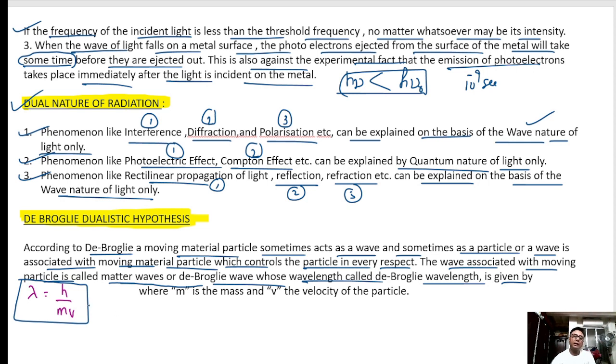This is how we can find the wavelength of the de-Broglie wave. Here h is Planck's constant, m is the mass of the electron or particle, and v is its velocity. This is the connectivity between the wave nature and the particle nature, and de-Broglie told that using these formulas together we can find the de-Broglie wavelength.